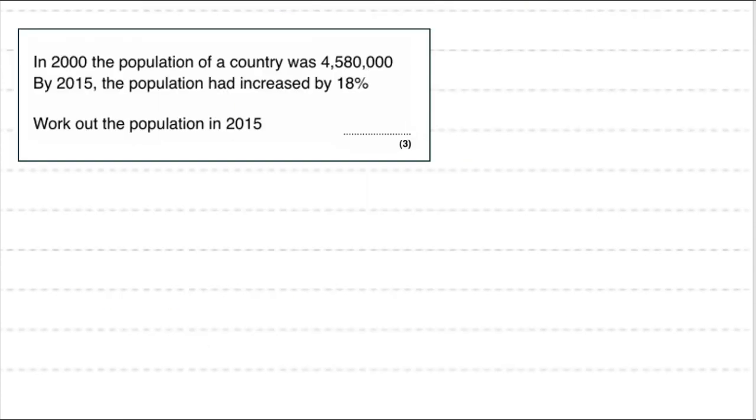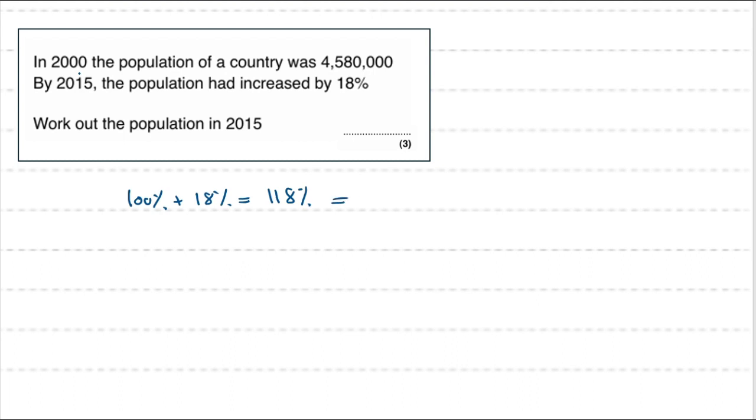In the year 2000, the population of a country was 4,580,000. By 2015, the population had increased by 18%. Work out the population in 2015. So it's an increase of 18%. The multiplier is going to be 100% plus 18%, which is 118%.